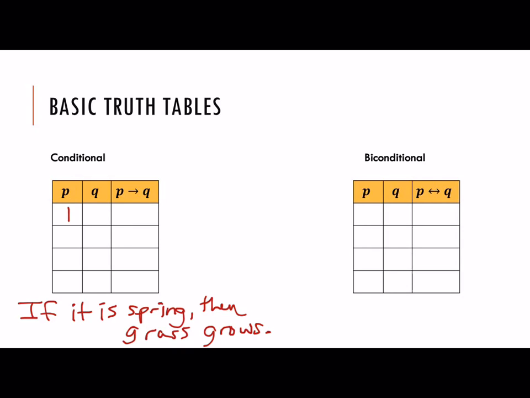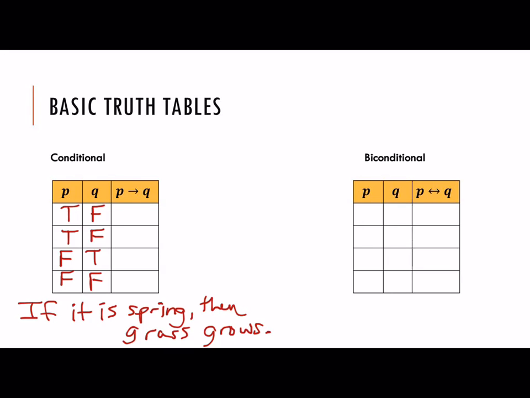Okay, so it could be spring, in 2 cases, and then either the grass is growing or it's not. And then if it is not spring, then the grass could be growing or not.